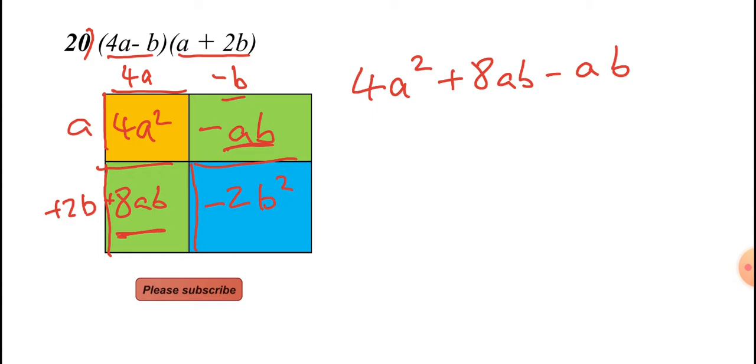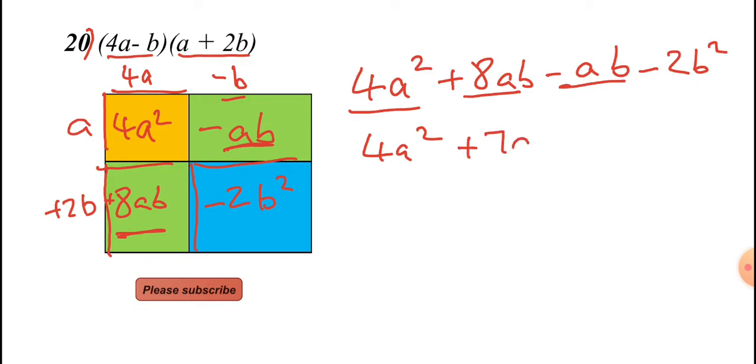Saying take away ab is the same as saying take away 1 lot of ab. Take away 2b squared. There's no collecting like terms there, so just write 4a squared. Now 8ab take away 1 lot of ab is plus 7ab, and then minus 2b squared. And that's the final answer.